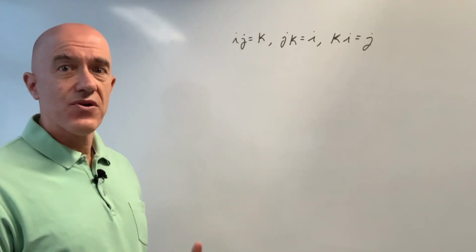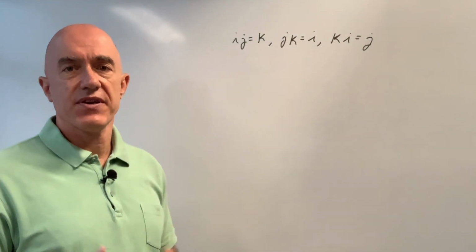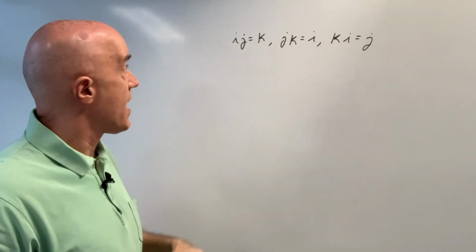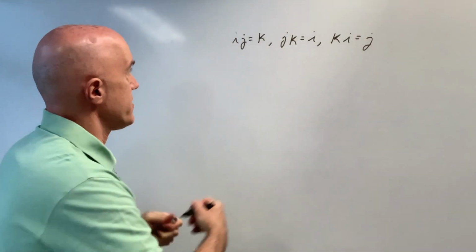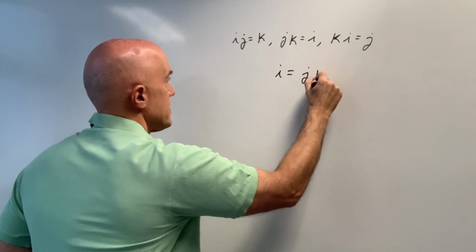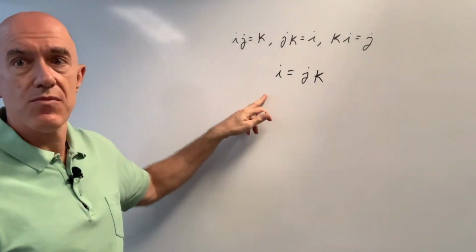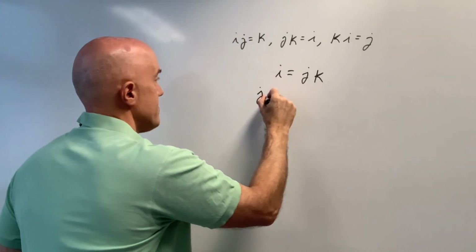Quaternion multiplication is associative, but I can show you now that it's not commutative. We know that i times j equals k. We would like to figure out what j times i is. So we can start with this second relationship. So we can write it as i equals j times k. And then we can multiply on the left by j to find j times i.